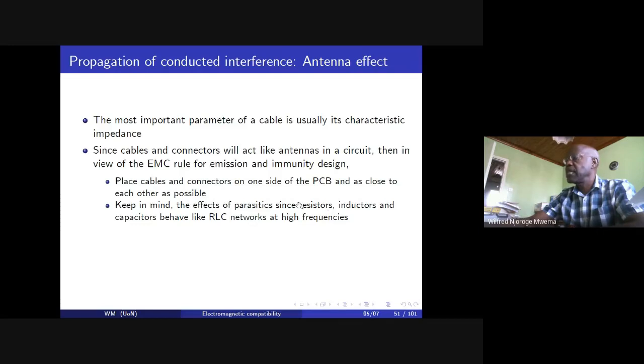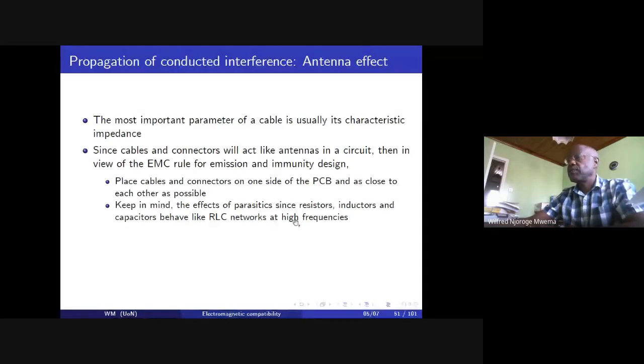Therefore, you have to make those leads as short as possible to reduce the inductance, because the current flowing through the lead will generate a magnetic field. And therefore, all these parameters that we use in our circuits, resistors, inductors, and capacitors, will behave like RLC networks at high frequencies.